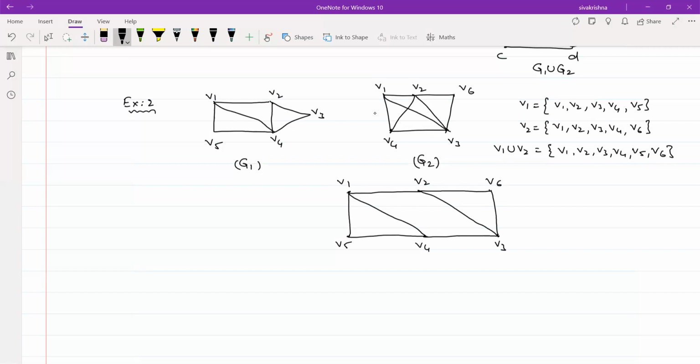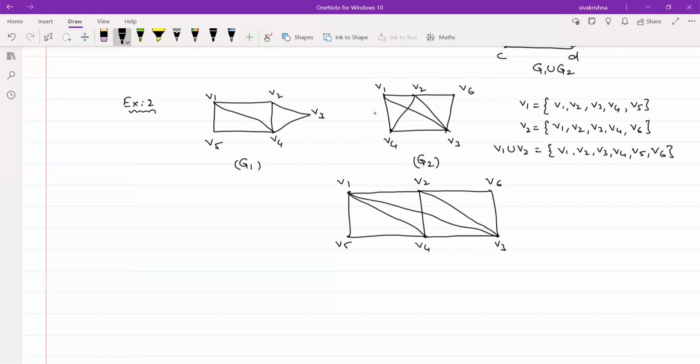From V3 to V1, we have to represent an edge from V1 to V3. Next, from V2 to V4 also we are having an edge in graph 2, so we represent an edge from V2 to V4. So I completed all the edges in both the graphs G1 and G2.